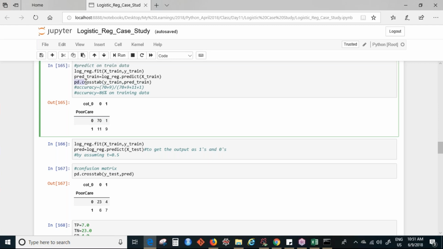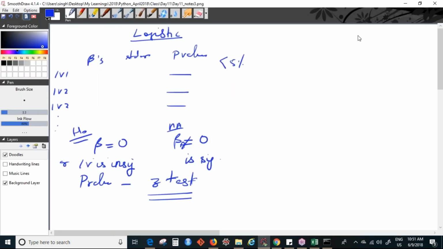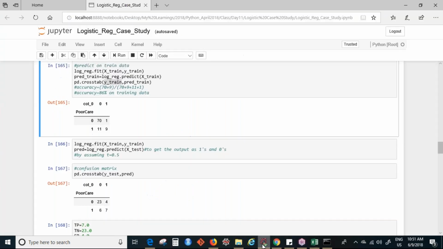You write pandas dot crosstab, and you give the training data first. Why? Because in your confusion matrix you have the actual values on the left hand side and the predicted values as column names, which is why I give my training data first.